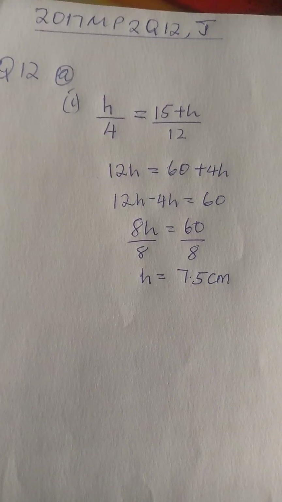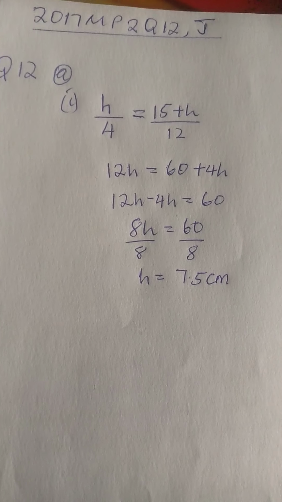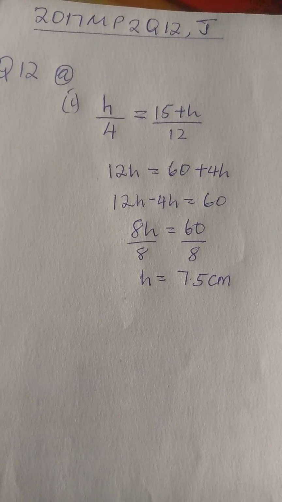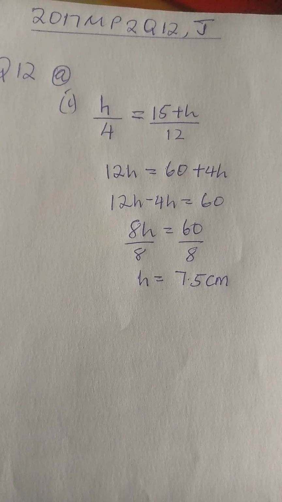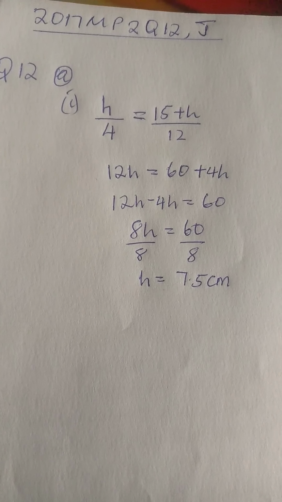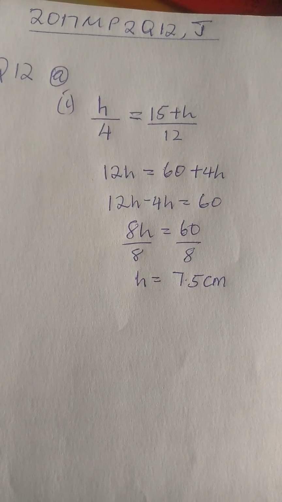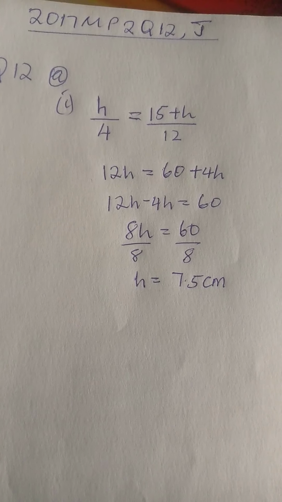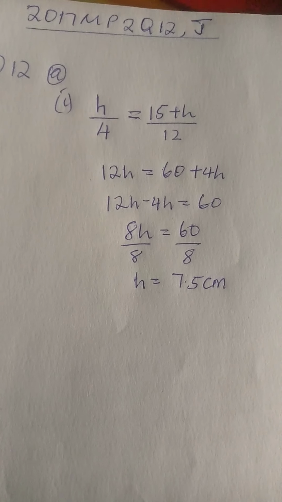We cross multiply. We are going to have 12h equals 60 plus 4h. 12h minus 4h equals 60. 8h is equal to 60. For us to calculate h, we divide both sides by 8, and h will be equal to 7.5 centimeters. Let's go to the next question.